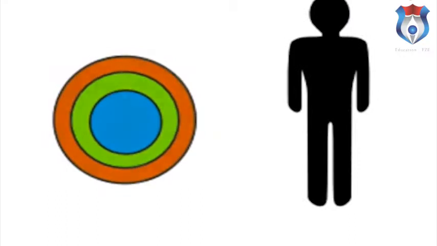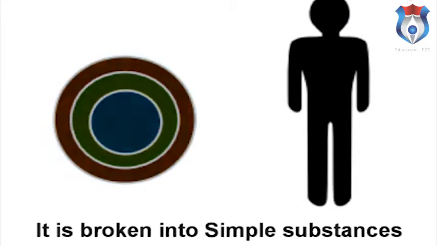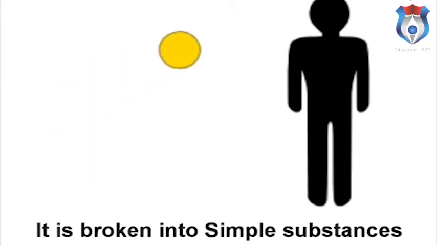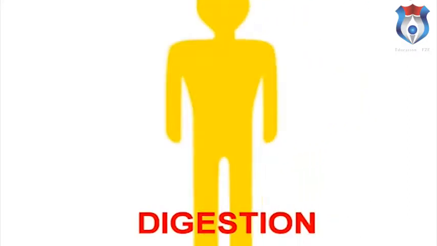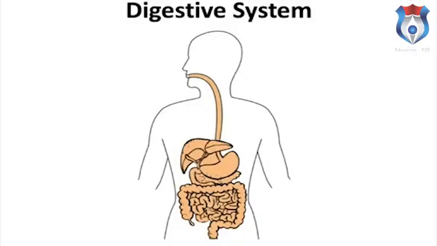It needs to be broken down into small and simple substances so that our body can use the food. This process is called digestion. The digestive system converts the food into nutrients so that it can be used by each and every part of the body. It also is responsible for removing solid waste.